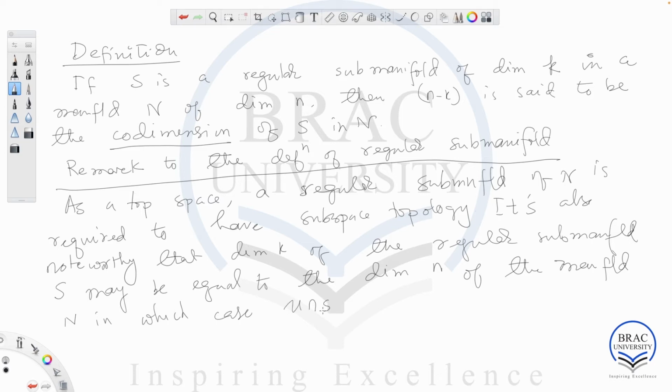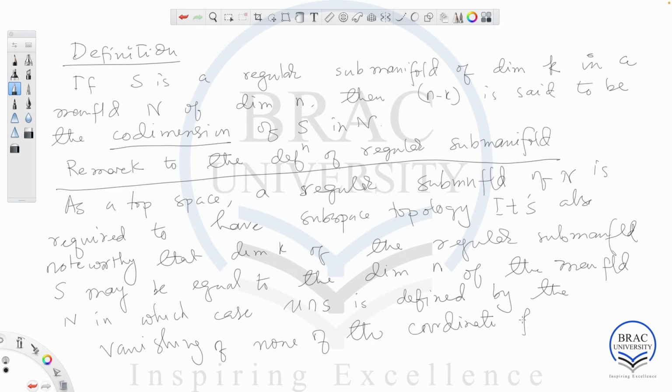U intersected with S is defined by the vanishing of none of the coordinate functions, right?